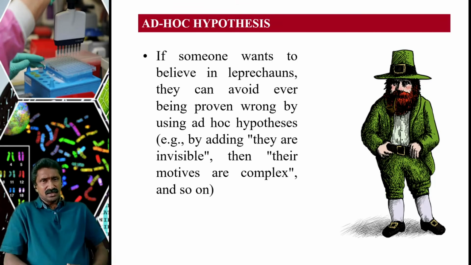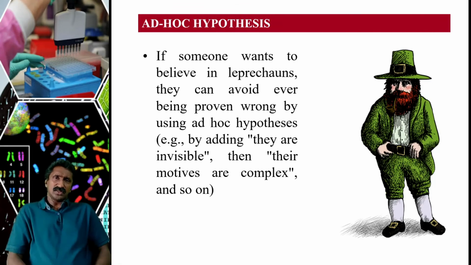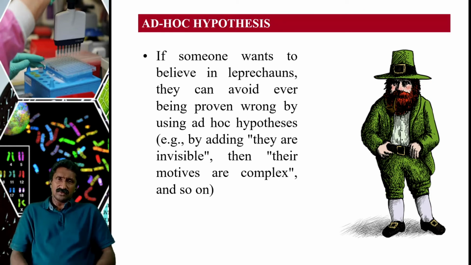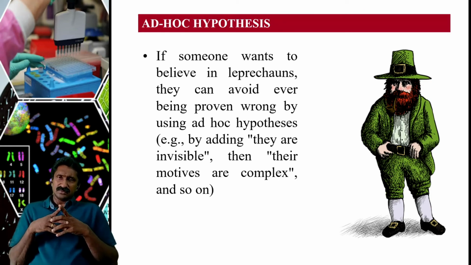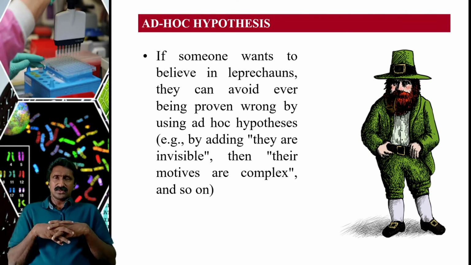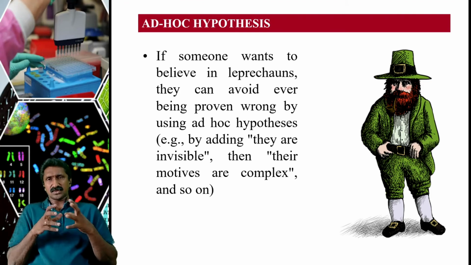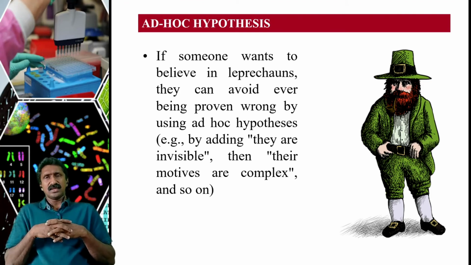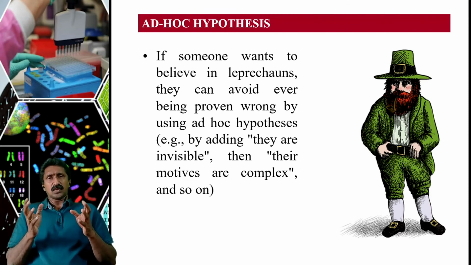So this is an image taken from Wikipedia, and there is a character like a leprechaun, a dwarf figure, a mythical figure, and this is only a character in some of the epics or something. If someone wants to believe in leprechauns, they can avoid ever being proven wrong by an ad hoc hypothesis.